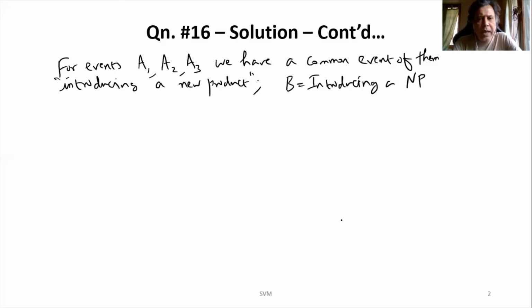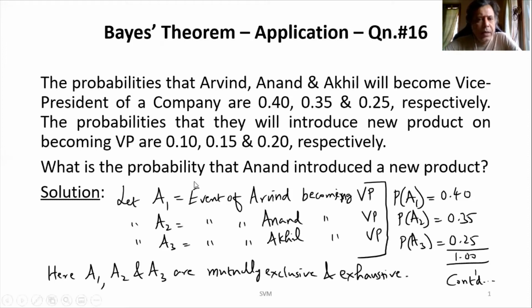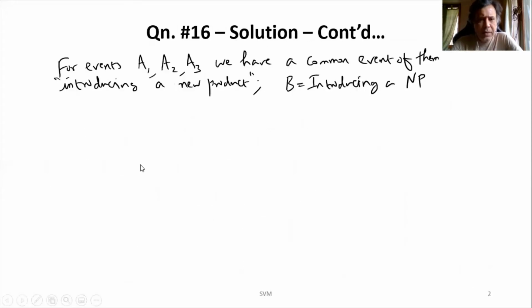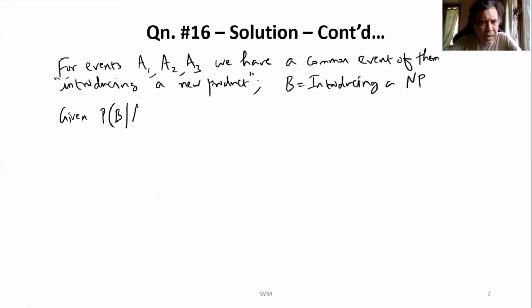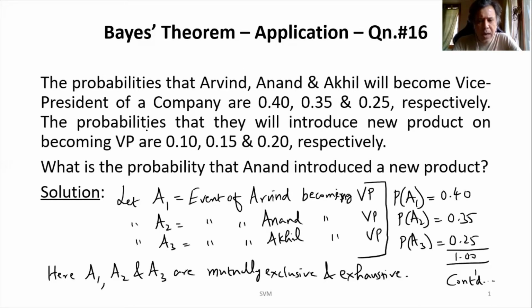So now let us go back. What does the question say? The probabilities that they will introduce, they means Arvind, Anand, Akhil will introduce new product on becoming VP. Means the question is given as probability of B, I mean introducing a new product, given that first person, that is Arvind, becomes a VP, that means it is nothing but A1, that is given as 0.1.